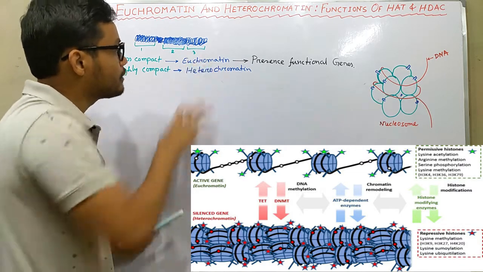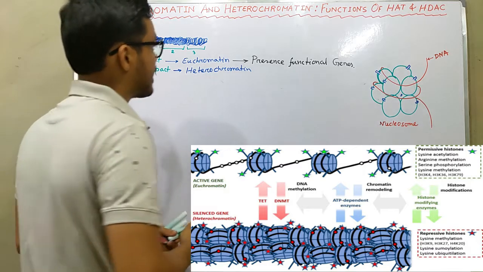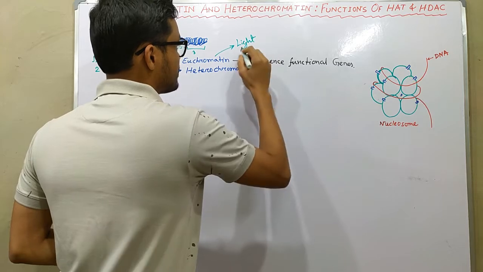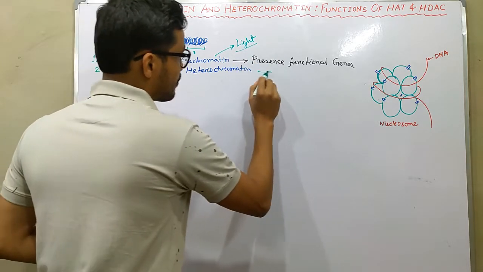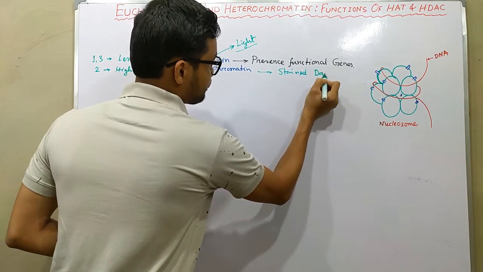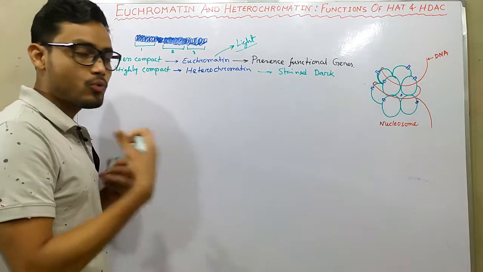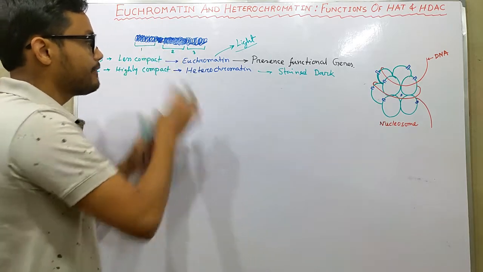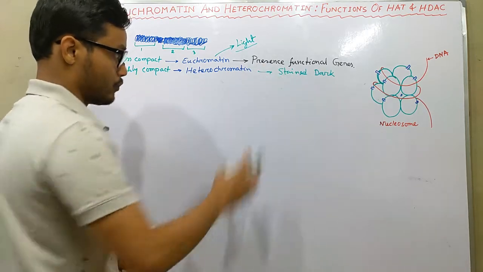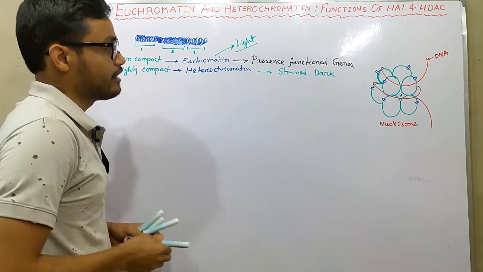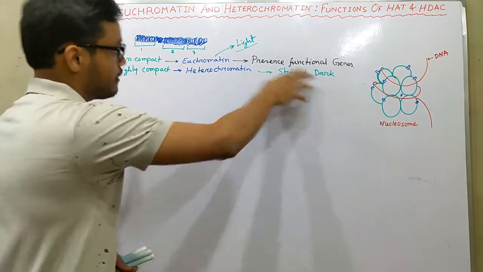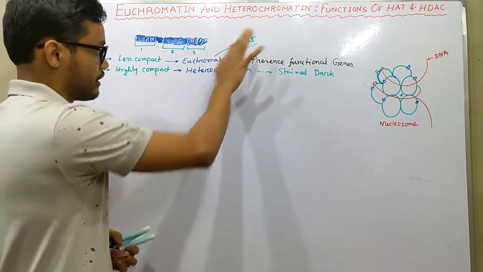If we stain both parts, euchromatin takes up the light stain, but heterochromatin is stained dark, because here the packaging is more. If packaging is more, it takes up a lot more stain than the euchromatin region.